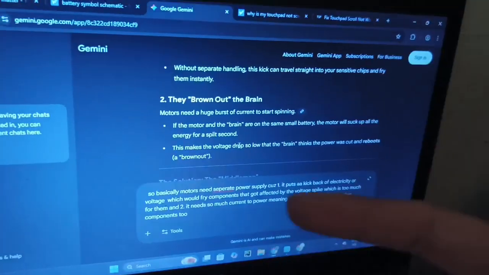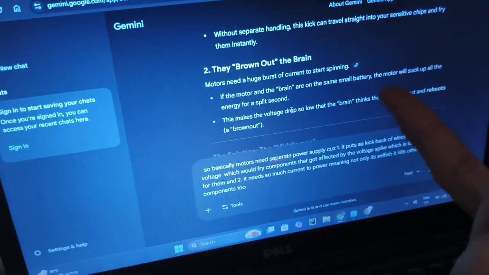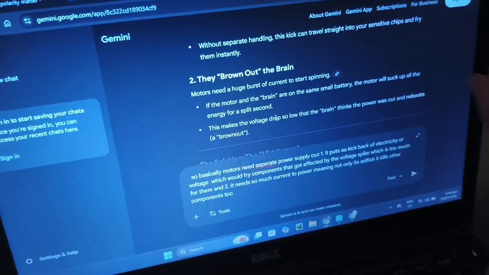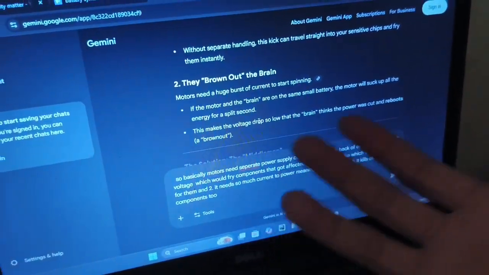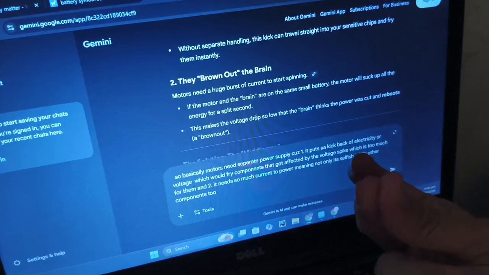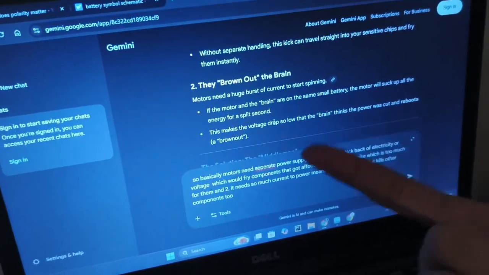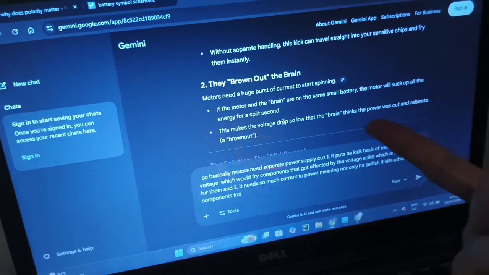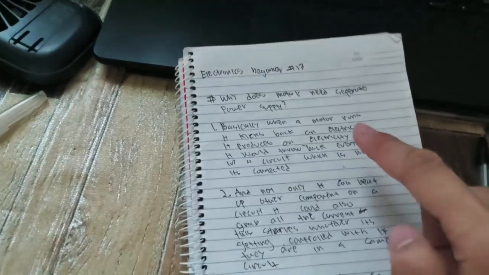And number two, the motor would suck all the voltage out. They're not only selfish, they kill other components too. So that's why you need a separate power supply for your motor.